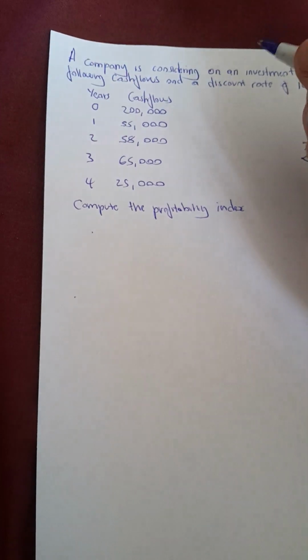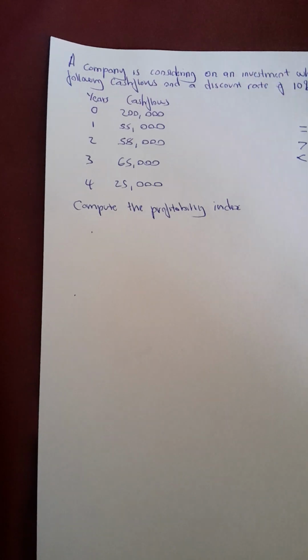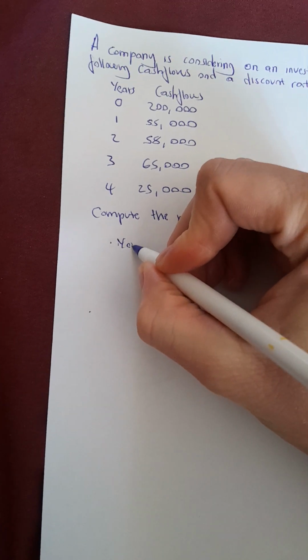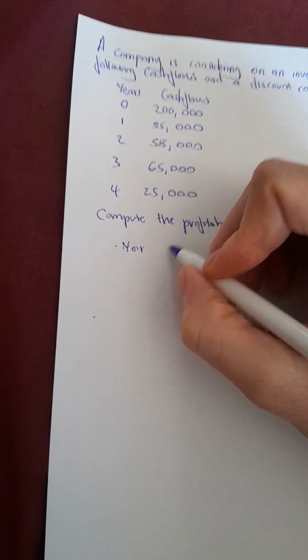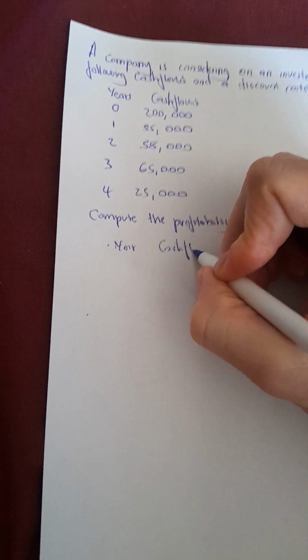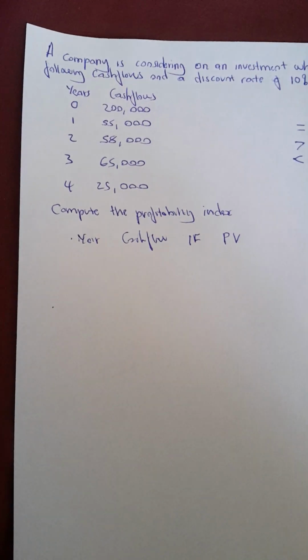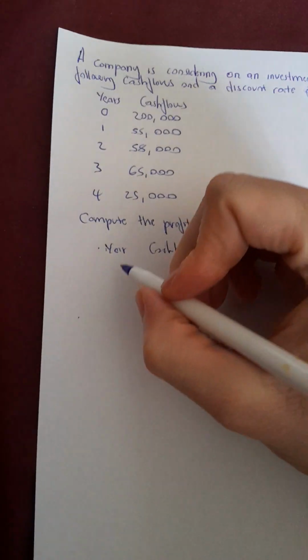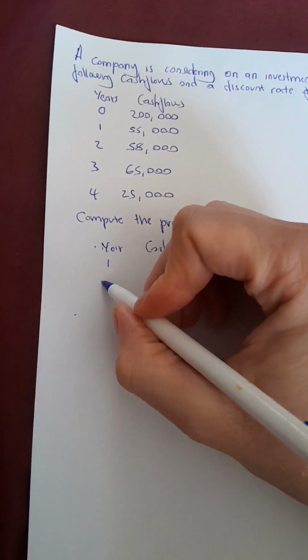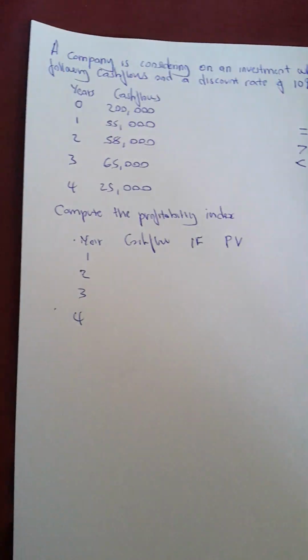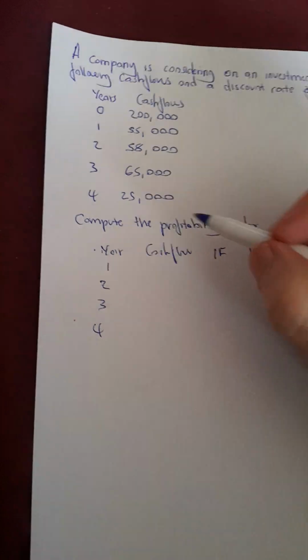We have the year, the cash flow, the interest factor, and the present value of the project. So we have the first year, second year, third year, fourth year.